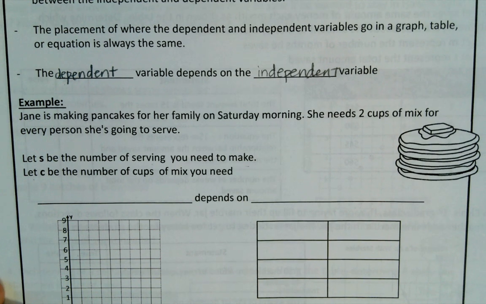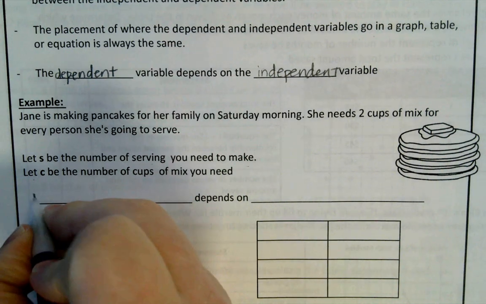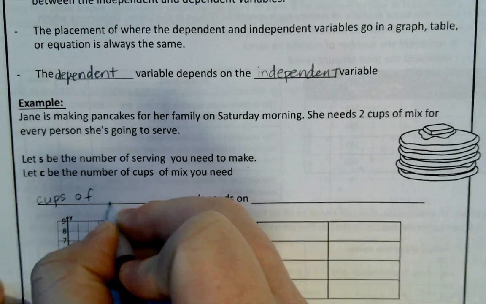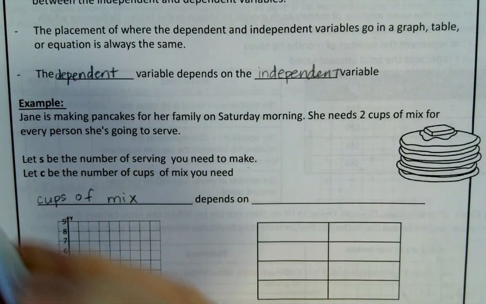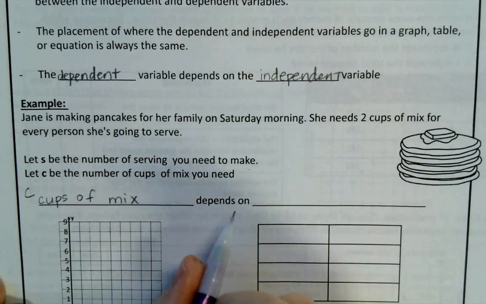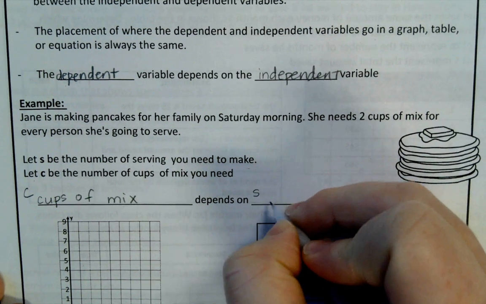So the dependent variable is the cups of mix, C. The cups of mix depend on the S servings you need.